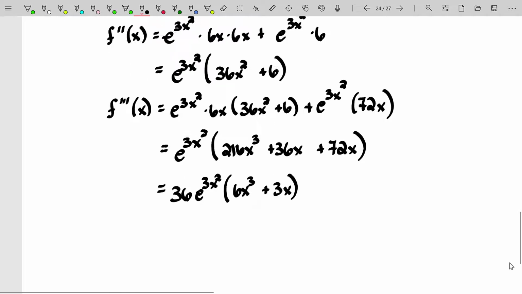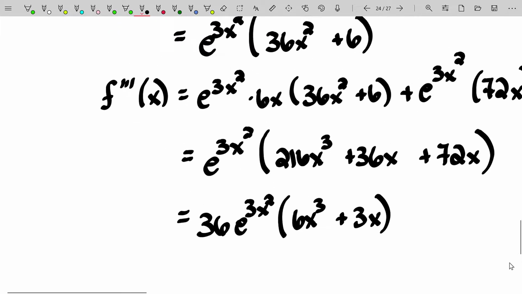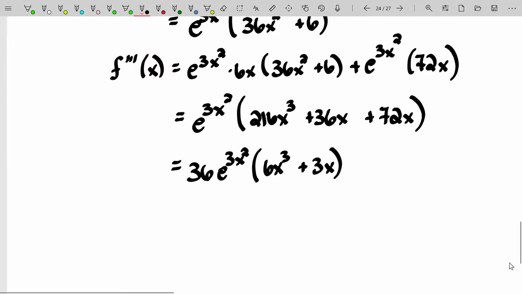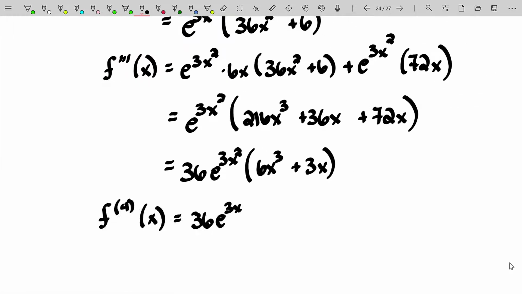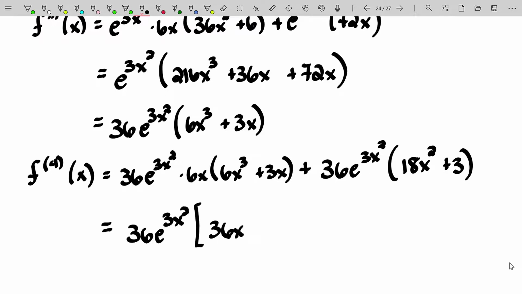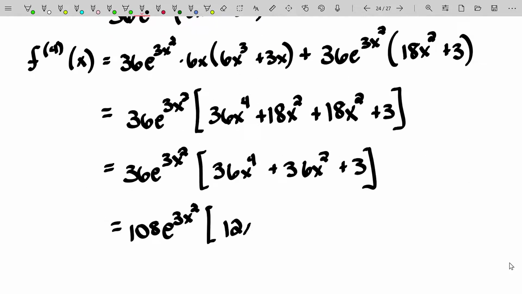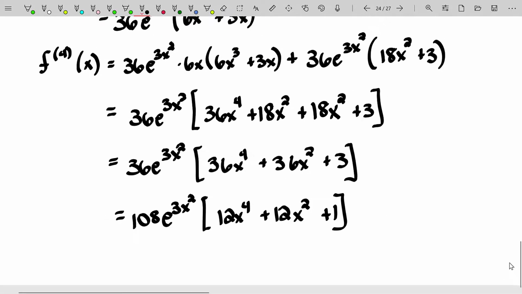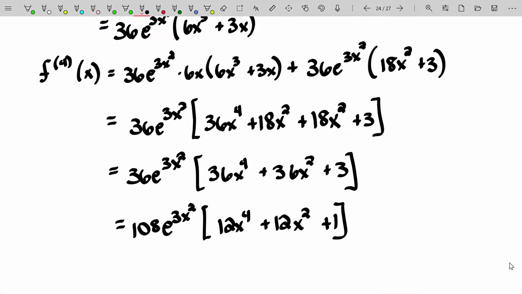One thing that I want to convince you of is that this third derivative, which is 36 e to the 3x squared times 6x cubed plus 3x, is an increasing function. If you don't believe me, you can go ahead and take one more derivative and find out that the next derivative in line is positive.